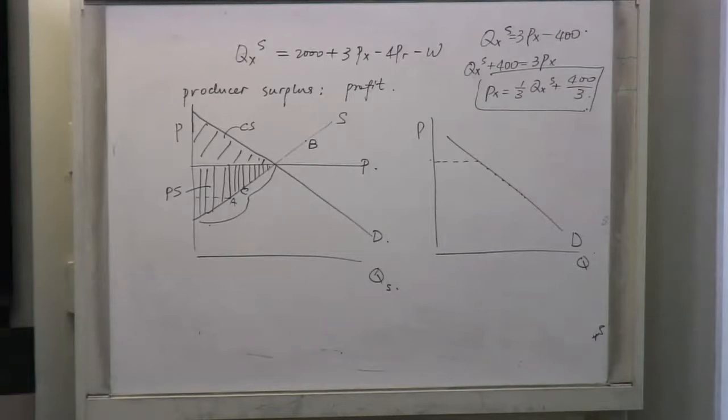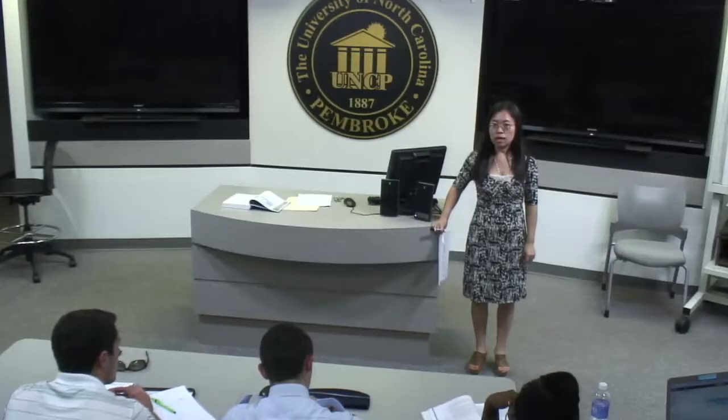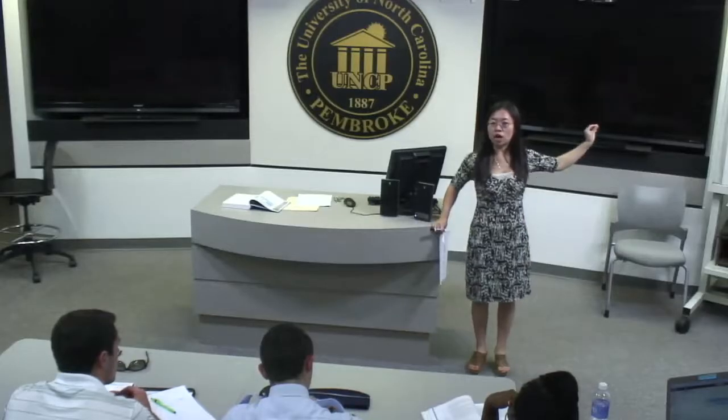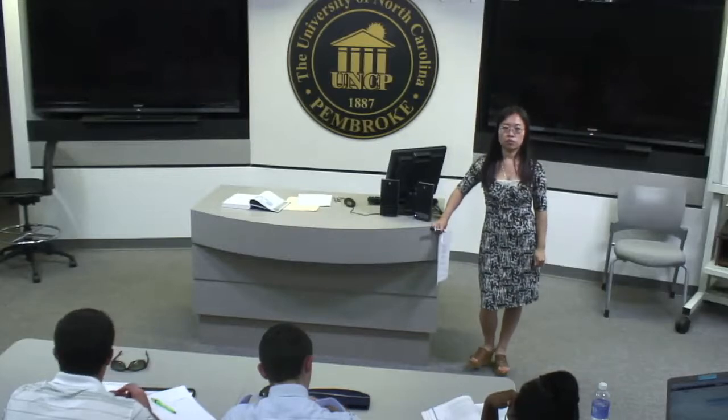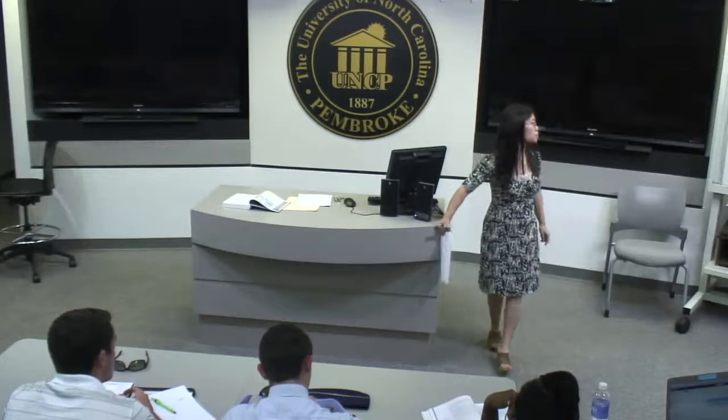Okay. So next we're going to talk about third-party intervention. What if there is some policy or regulation that intends to change the market outcome? Like a price ceiling? That's right. Okay.